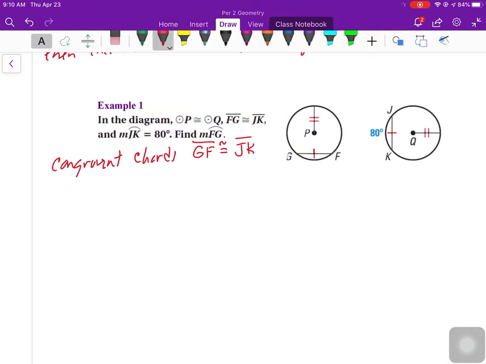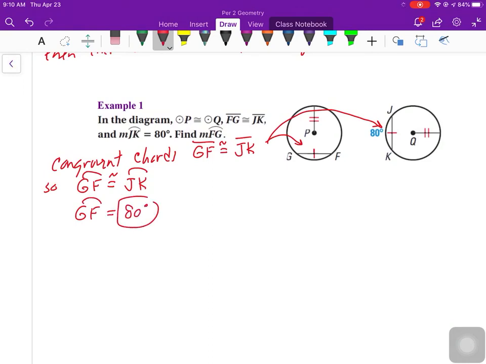We can see those markings. So that means that the arc G to F will be congruent to the arc J to K. So the arc G to F will have to be 80 degrees, same as what they gave us there. Congruent chords have congruent arcs.